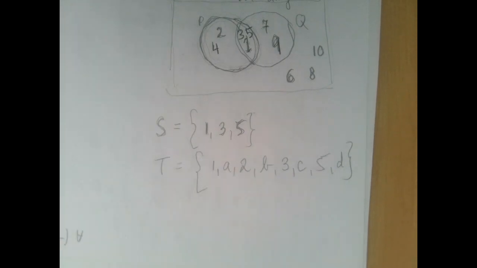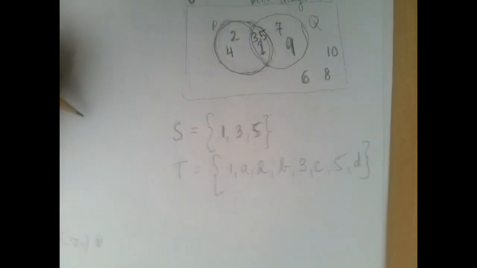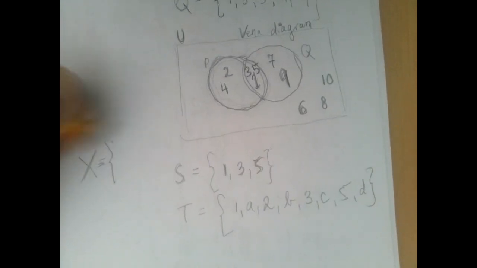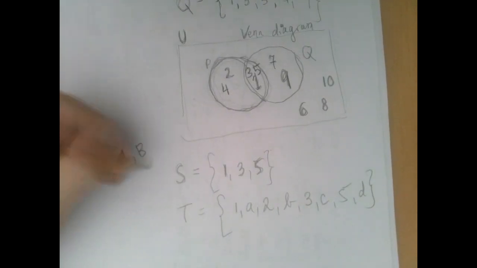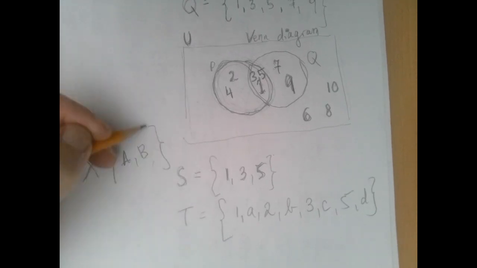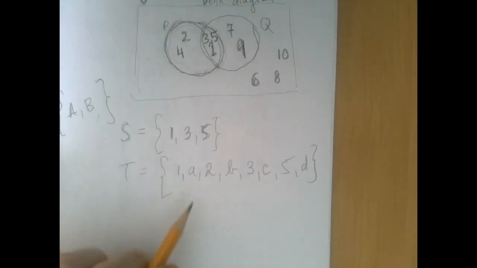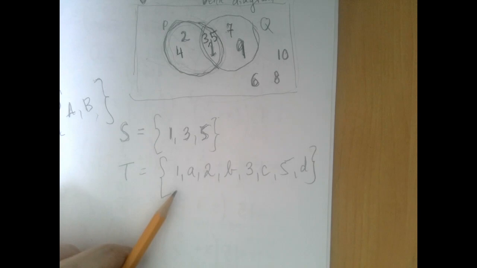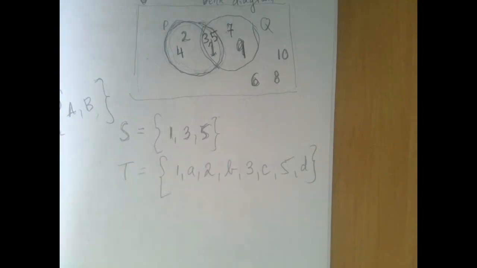We can say here's set X, and we can put sets in there, A, B, and we can put a number or a letter in there. So it's really, really relaxed. So going back, it's kind of strange, but S has just 3 elements, 1, 3, and 5, and then T has much more.